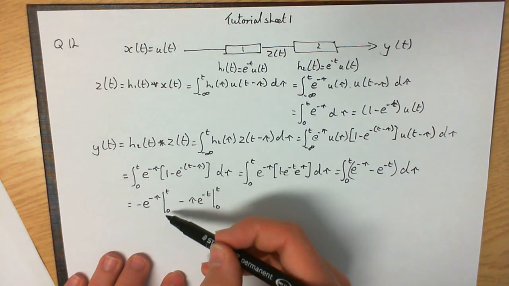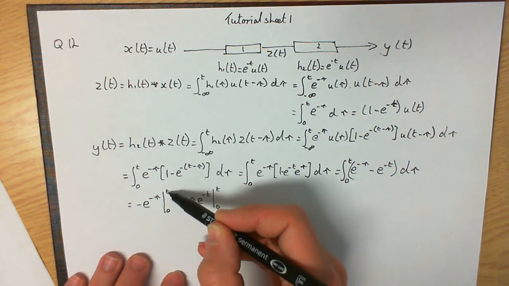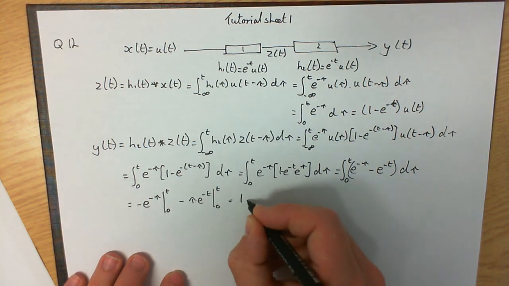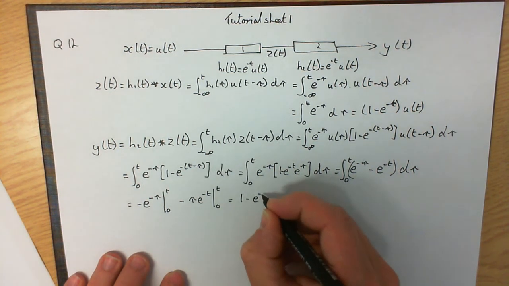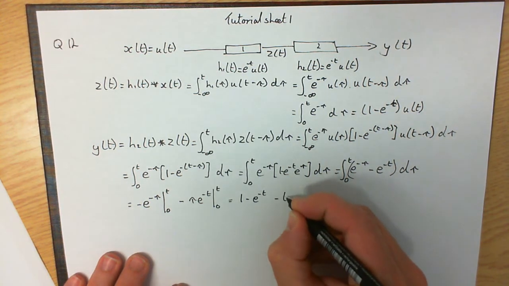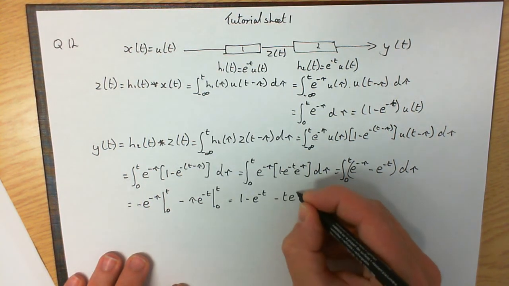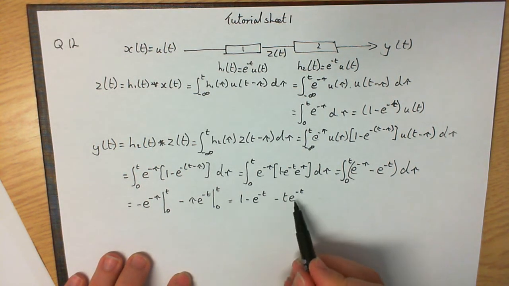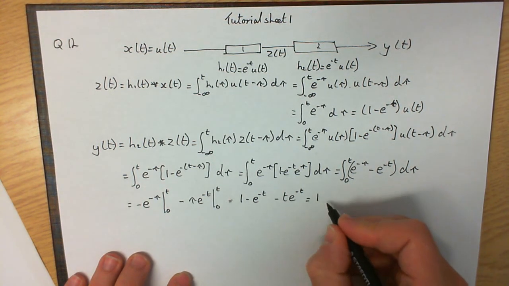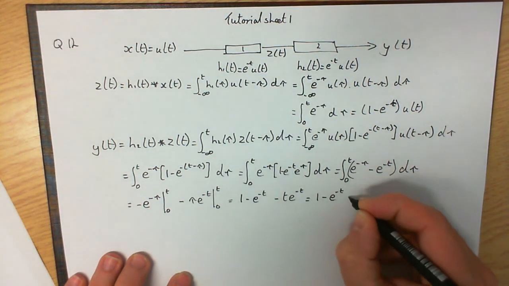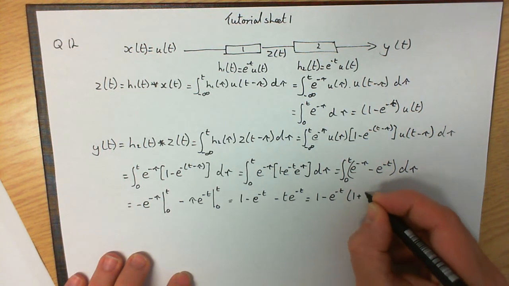We do this integration by putting in the limits of t and 0, and if we work that out, we get 1 minus e to the minus t, which is this element, minus t e to the minus t. We've got a common part in this equation, e to the minus t, so we can simplify that to 1 minus e to the minus t, all multiplied by 1 plus t.